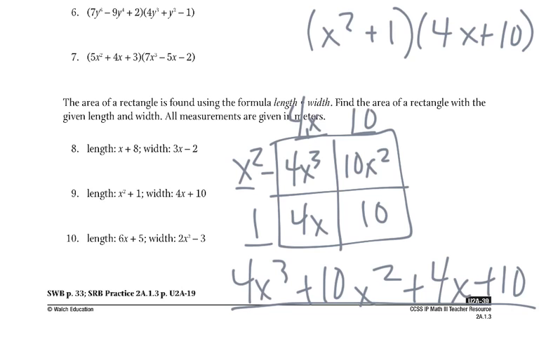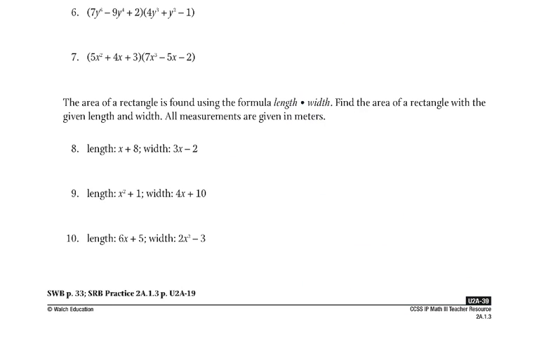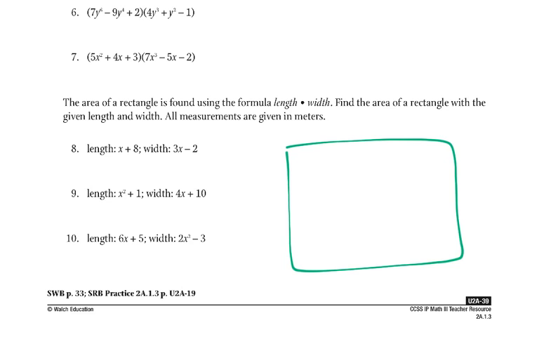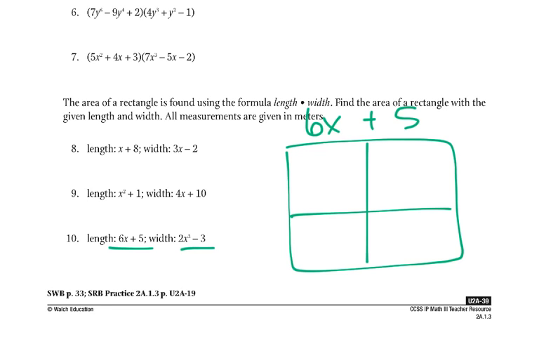Okay, one more to go. So let's start off. We're going to make our area model. This would be our length, 6x plus 5. It would be our width, which if we really wanted to, I could write like this, 2x cubed minus 3. But I think it's a lot easier to just go 2x cubed and then minus 3 here.